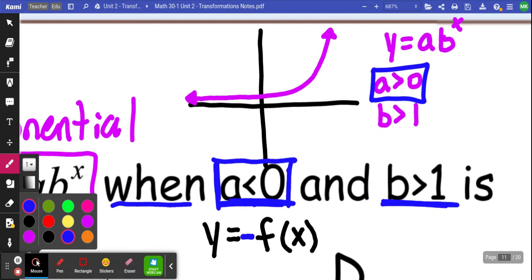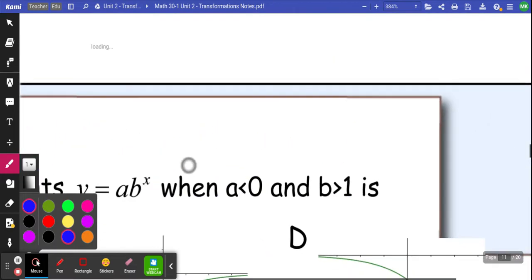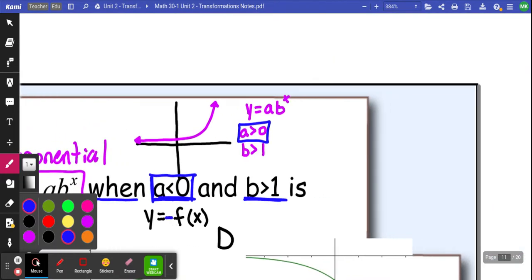When you take a function and you make it negative like that, we're doing a reflection. I'm running out of space over there, let me pop over here.